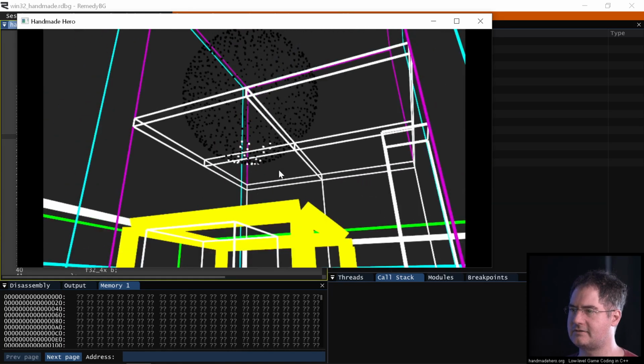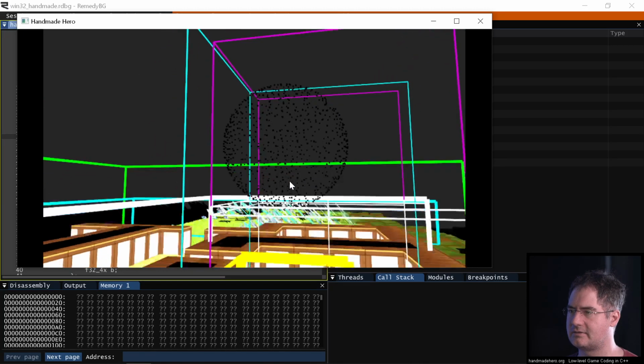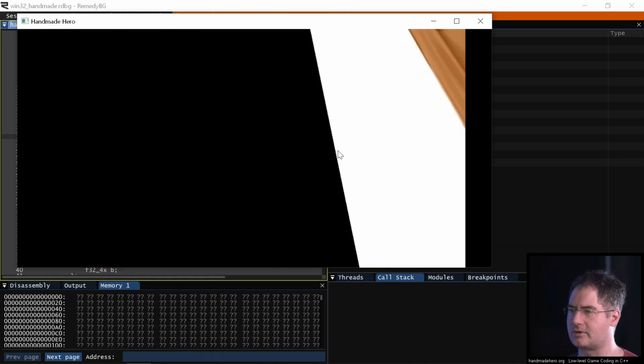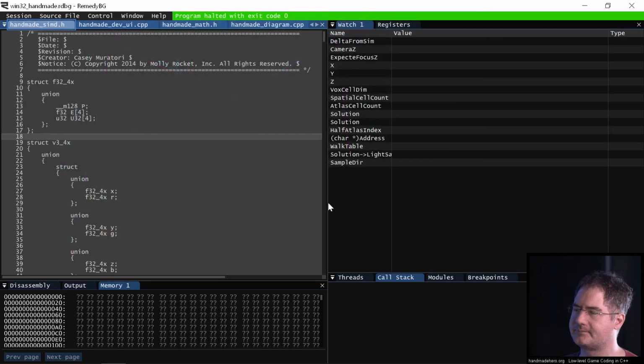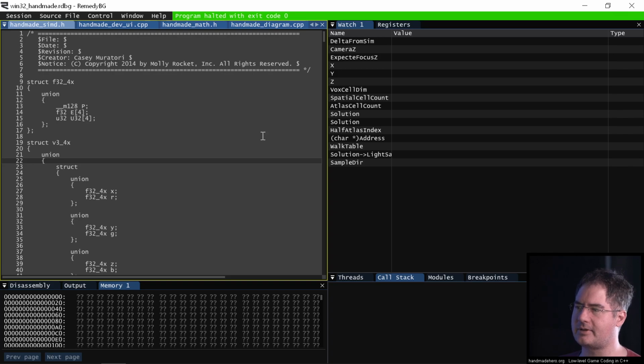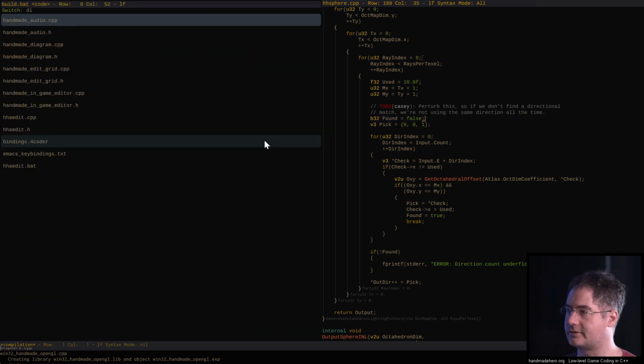At least I think it is. Maybe I'm incorrect about that. But it looks like the fact that these are in the wrong place means they're not getting drawn in white and black as they should be. I'm not totally sure about that though. That could be incorrect. So let me take a look.